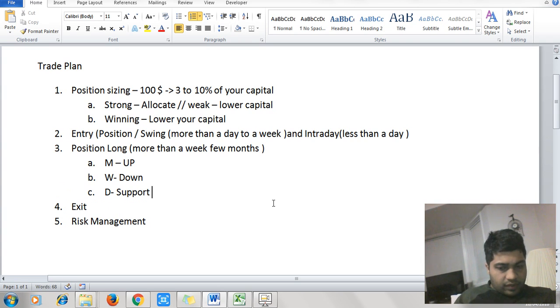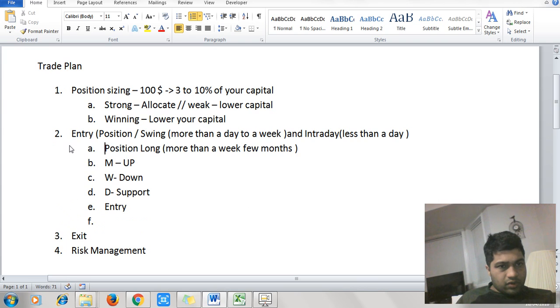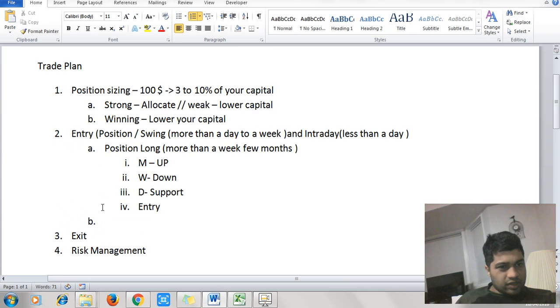Support is your entry. So this is positional trade, positional long.